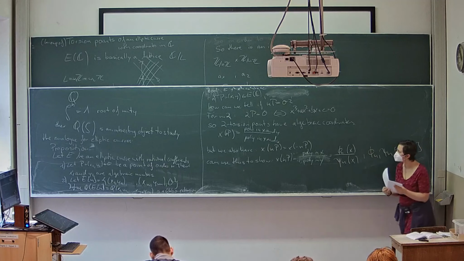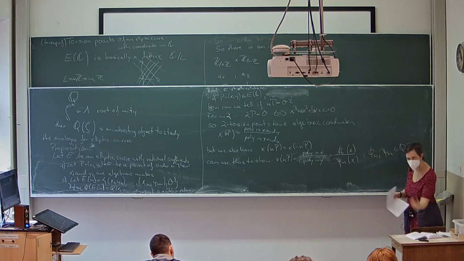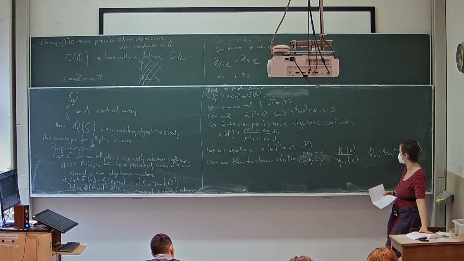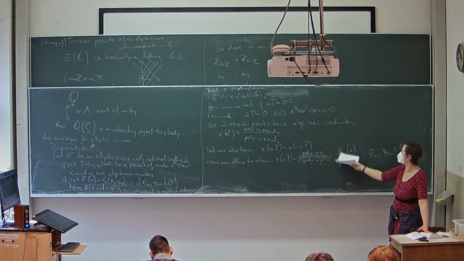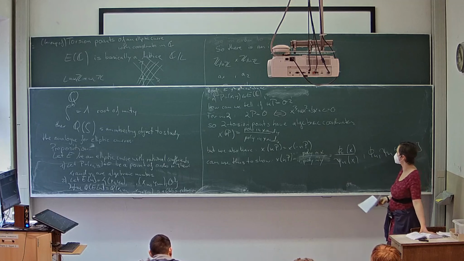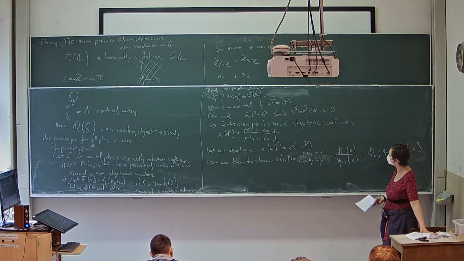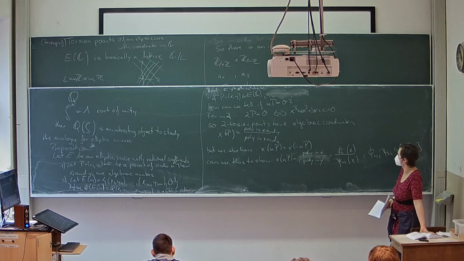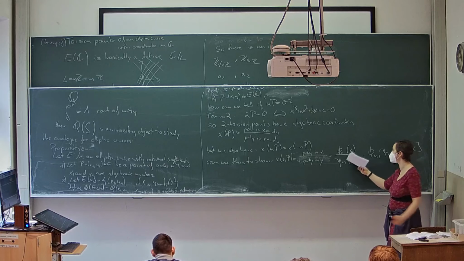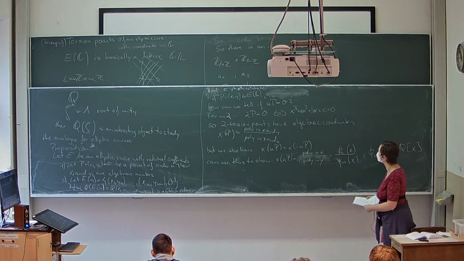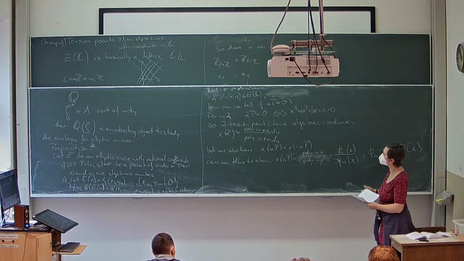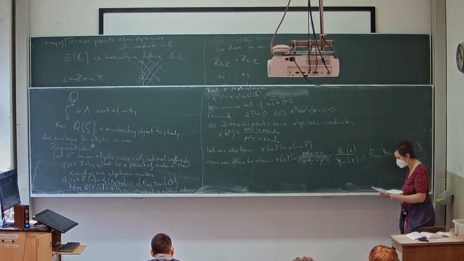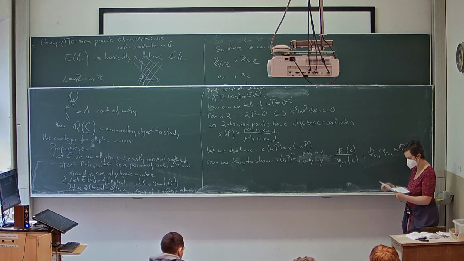I think in the other book, not this Silverman book, where it's a bit more detailed, he proves how the polynomials look like, and also some bounds on the coefficients, and they are actually useful to compute multiples of points. But it's pretty technical to actually compute them or prove how they look like.